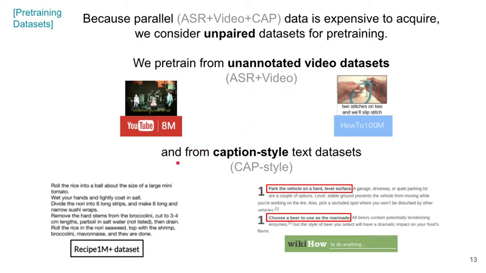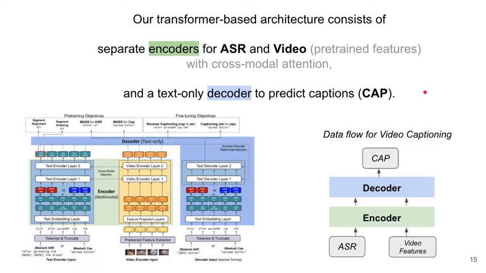And we will also consider those text-only datasets, Recipe 1 million and WikiHow, to pre-train the caption part of our model. So you can see that those are like steps for different tutorials, while those are similar to the potential input.